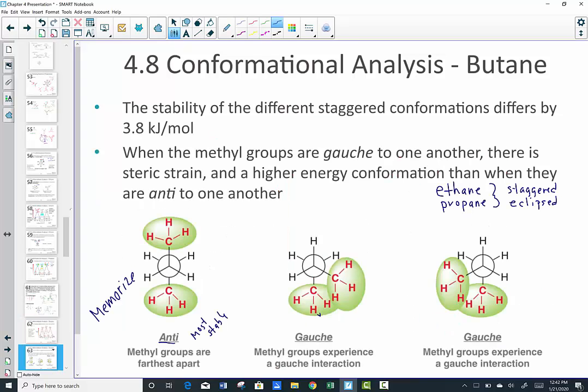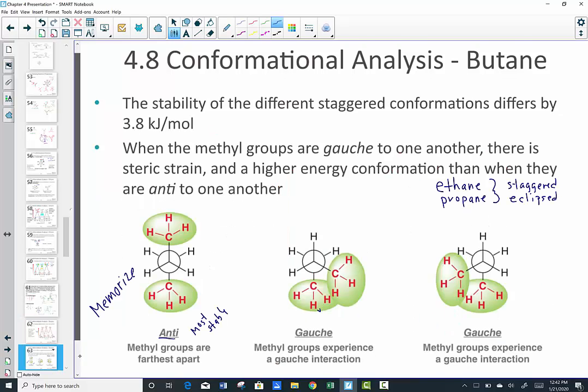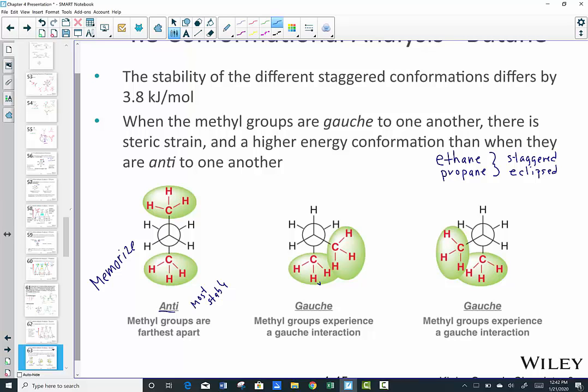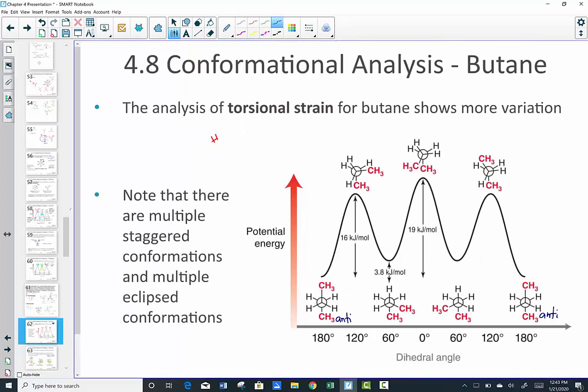The term gauche. The methyl group experiences a gauche interaction when they are 60 degrees away from each other on carbon 2 to carbon 3 for butane. The front carbon has its methyl group 60 degrees away from the methyl group on the back carbon. That is called a gauche conformation. Back to this picture.